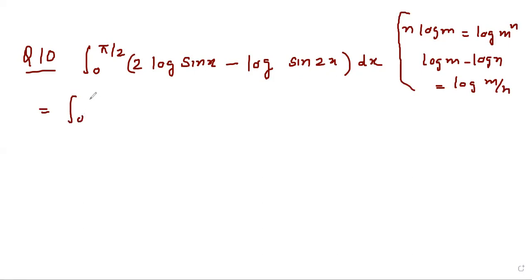So it will become integral 0 to pi by 2 of (log sin square x minus log sin 2x) dx.